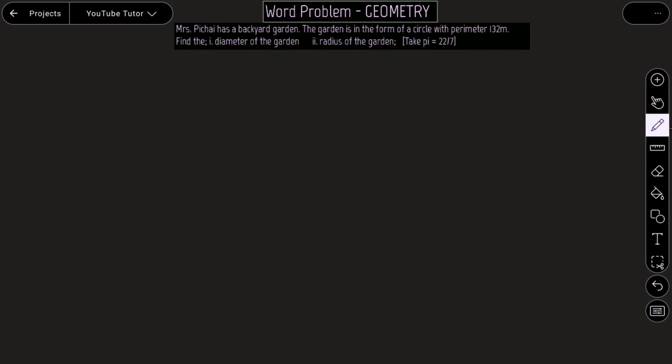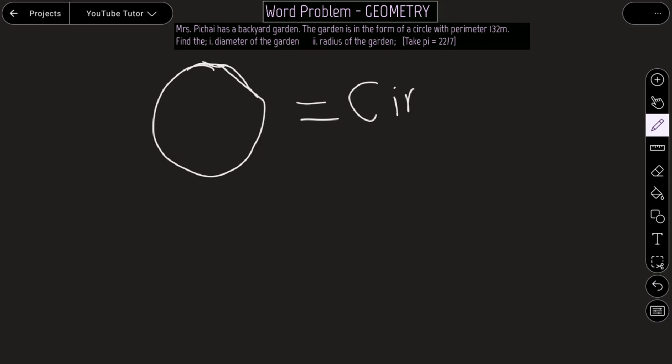With this question, we know that when you have a circle, what inscribes the circle is what we call the circumference.